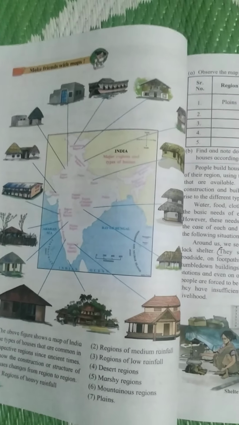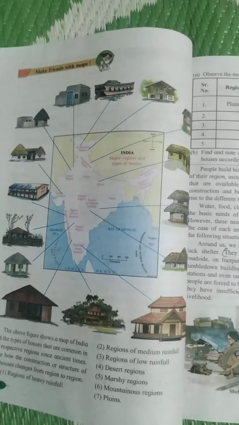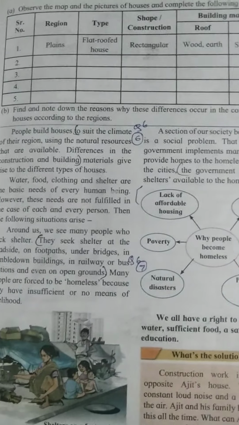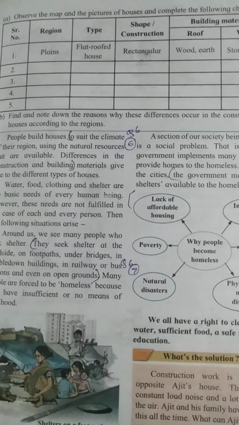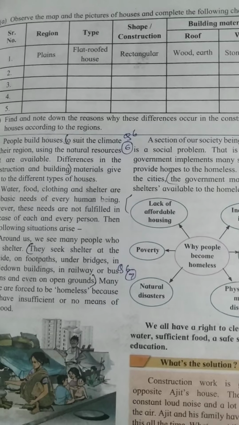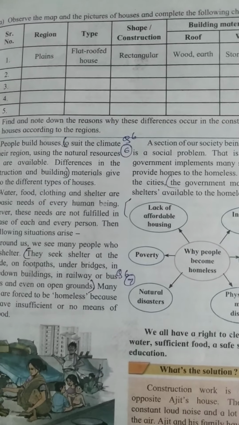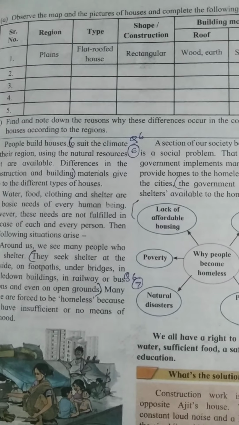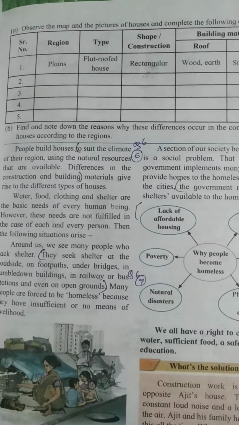So you have to find out which material is required for that. There are many different types of regions. According to those regions, houses are constructed. People build houses to suit the climate of their regions, using the natural resources that are available.